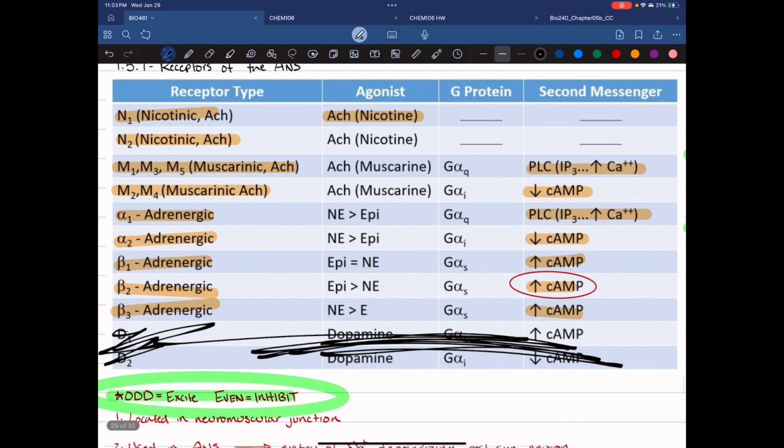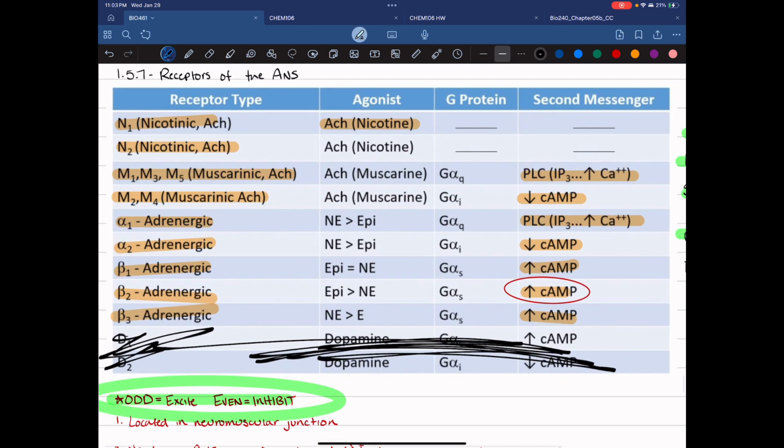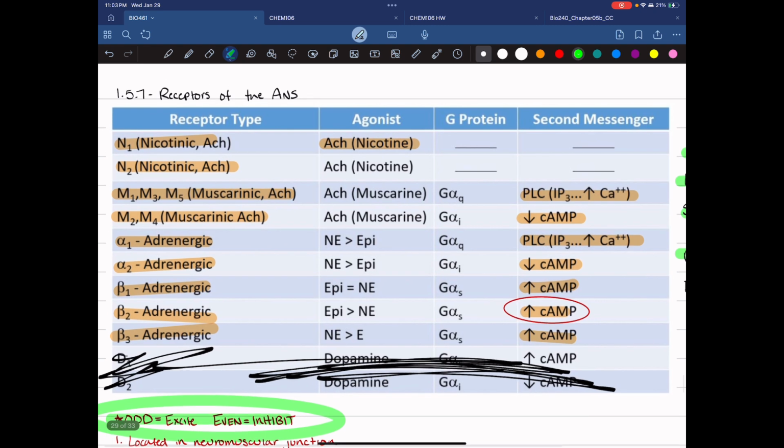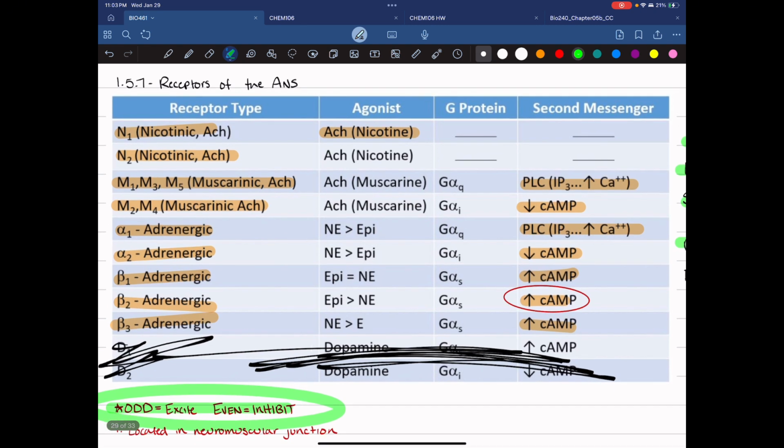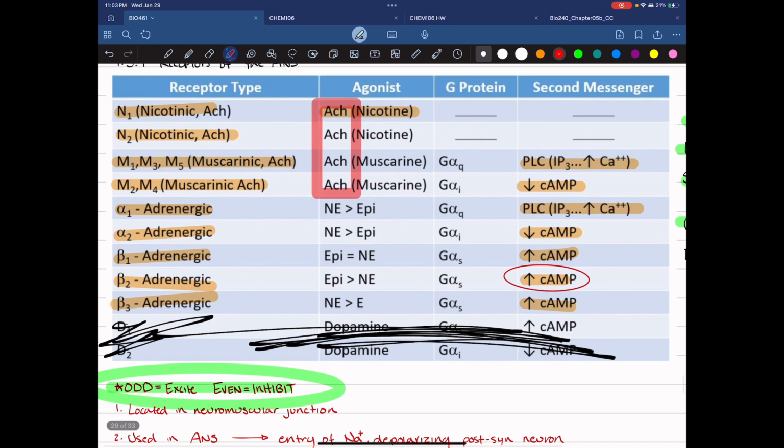So yeah, each receptor type has a preference to its agonist. This is pretty important later on. So for our nicotinic and muscarinic, the agonist will always be acetylcholine. But for our adrenergic receptors, we're going to look at norepinephrine and epinephrine.